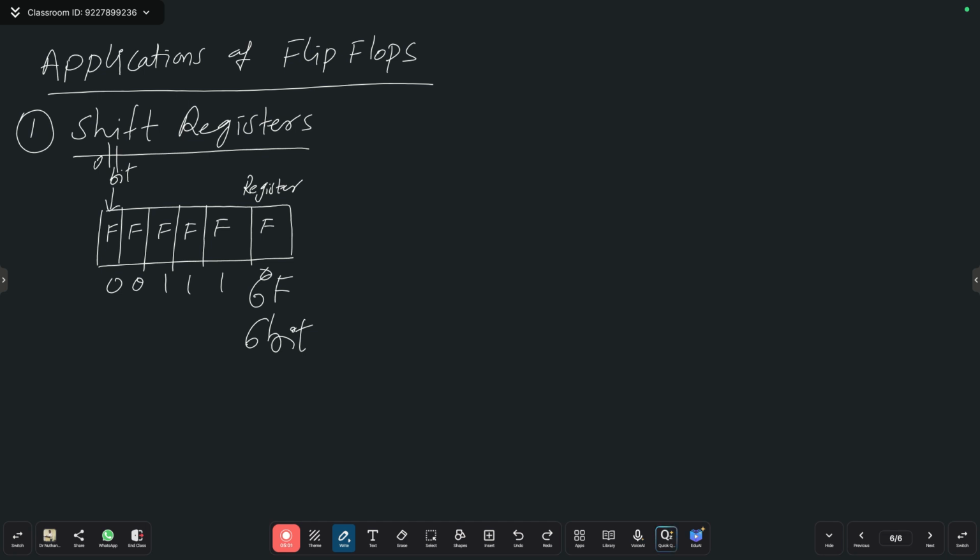There are three types of possibilities in the shift register. The first one, parallel to serial conversion. Second one, serial to parallel conversion.